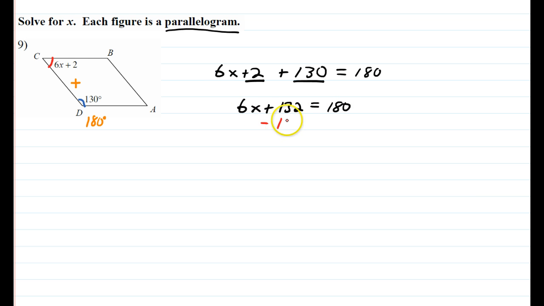So now we can move that over. We do the opposite. We minus 132 from both sides. This goes away and we get 6x equals 48.